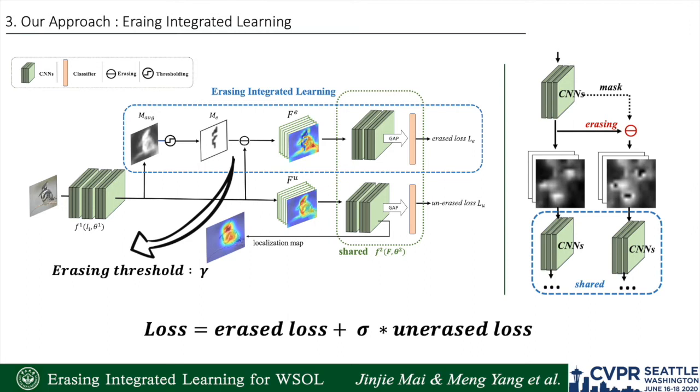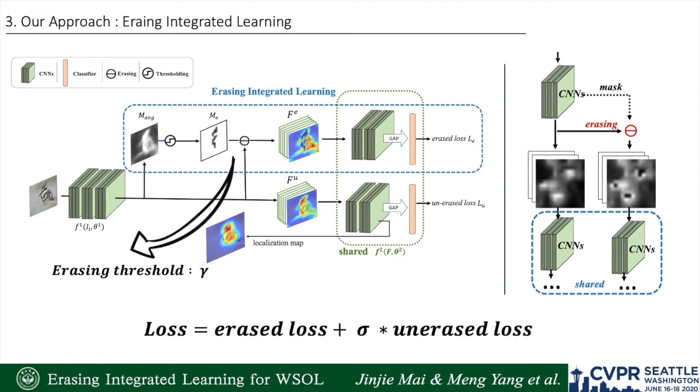The left image shows the detailed structure of our EIL, erasing integrated learning, and the right image shows the overall structure of EIL. In general, EIL is added between convolution blocks of the CNN in a sequential way. During training, taking the feature map as input, we generate the erasing mask and remove the most discriminative regions on the feature map according to this mask.